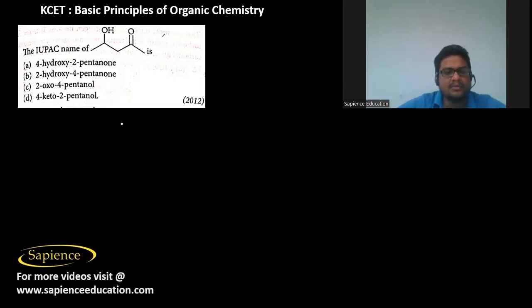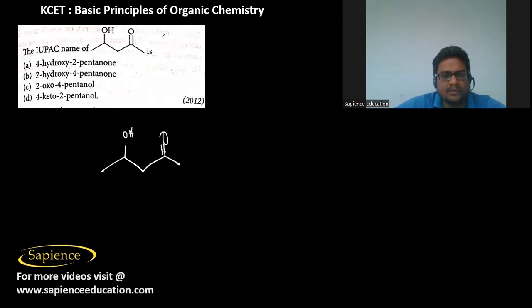The IUPAC name of this compound is what you have to find. So we know that the alcohol group will act as a substituent since the ketone group is more senior than the alcohol group.